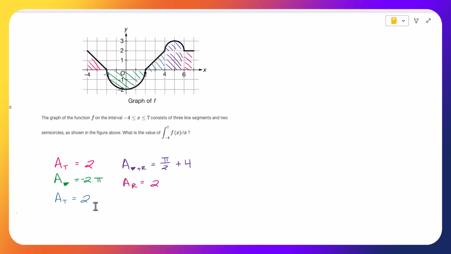So the integral from negative 4 to 7 of f(x) dx equals, let's just add up our areas: 2 minus 2 pi plus 2 plus pi over 2 plus 4 plus 2.